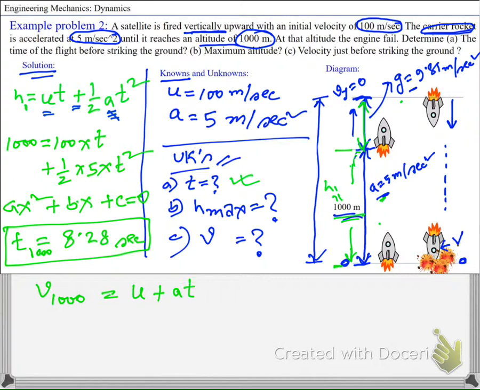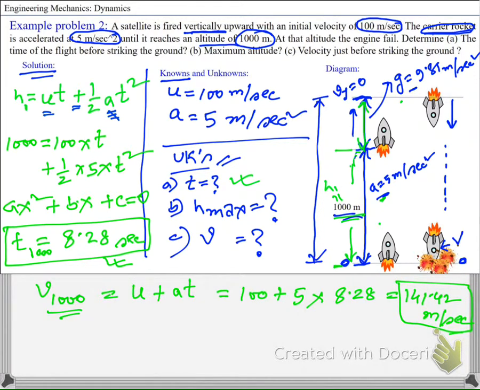Again, it's a plus because it's an acceleration towards the initial velocity direction. So if we plug in the values, 100 plus a equals 5 multiplied by the time that we just found, the time required to reach 1,000 meter, so 8.28. If we solve this, we'll get the final velocity at 1,000 meter, which is 141.42 meter per second.